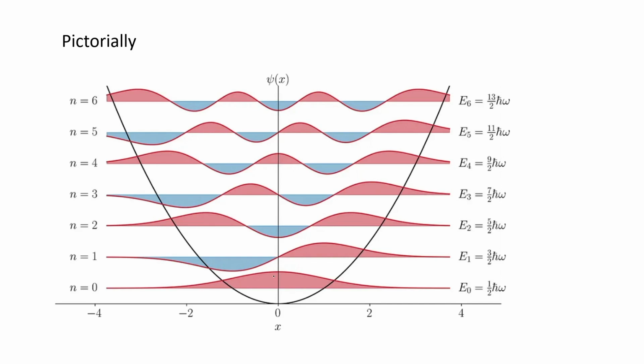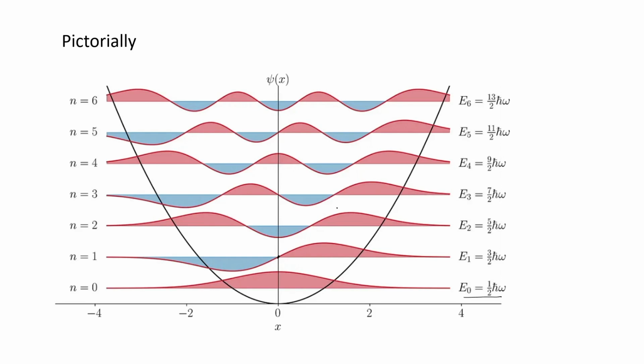They are shown as this. As you see, the lowest one is simply a Gaussian with an energy which is half h cross omega. The first one has a node here, with an energy which is 3 half h cross omega, not minus, it is 3 half h cross omega. And the second one has, of course, 2 nodes inside the well, with energy 5 half h cross omega.